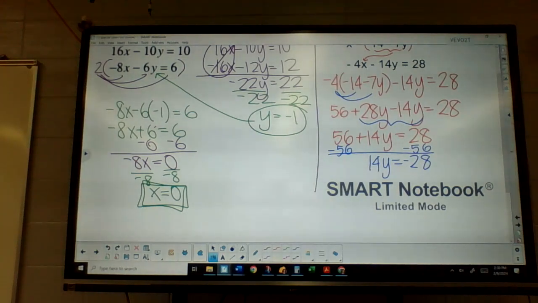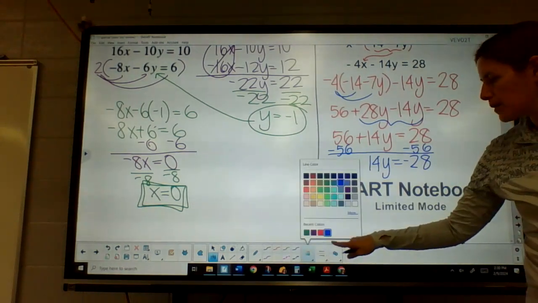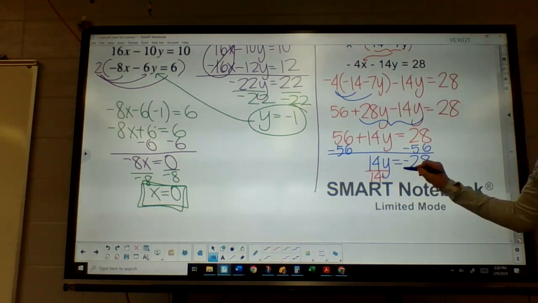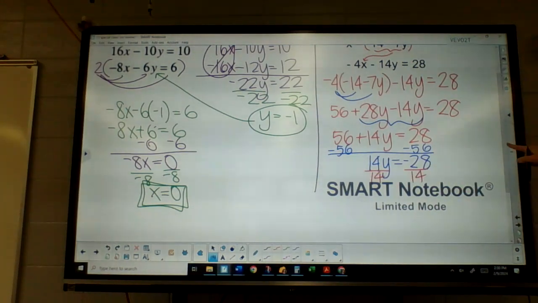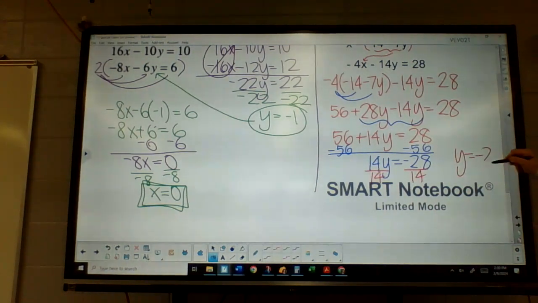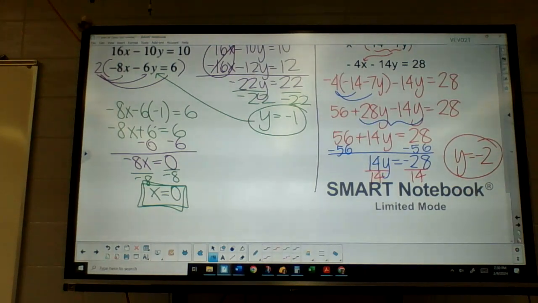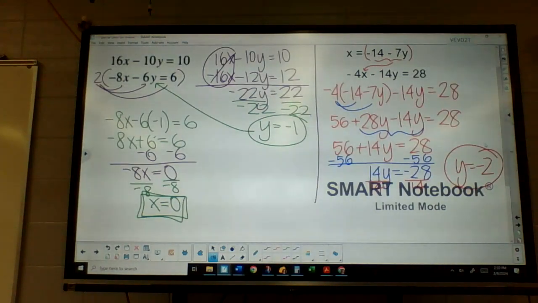So I'm ready to divide by 14. Some bigger numbers here, but they all work out pretty nicely. So y ends up being a negative 2. Once we have y, then we need to take that and substitute it back in to find x.